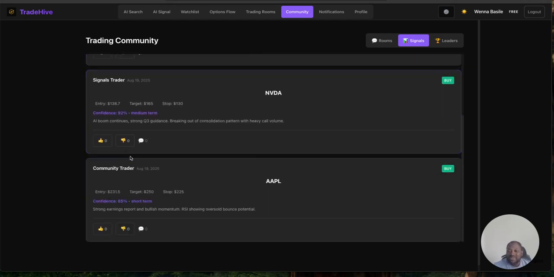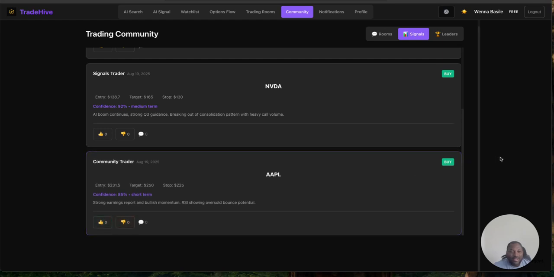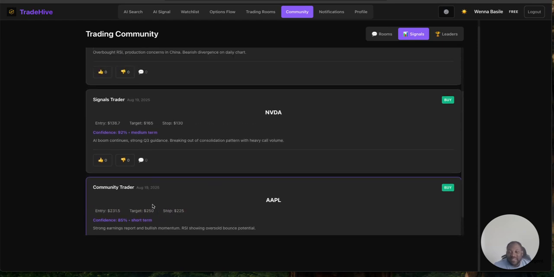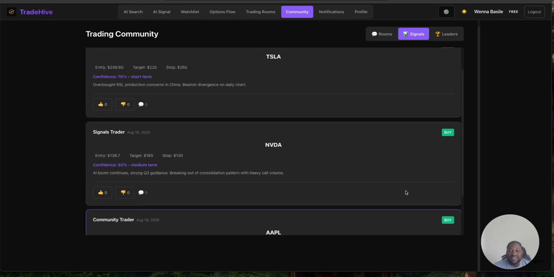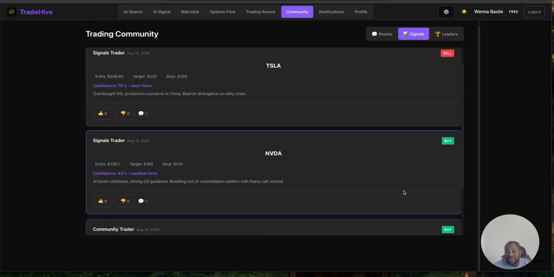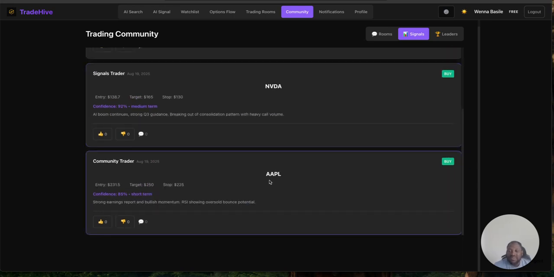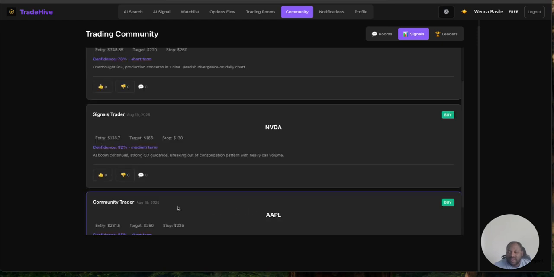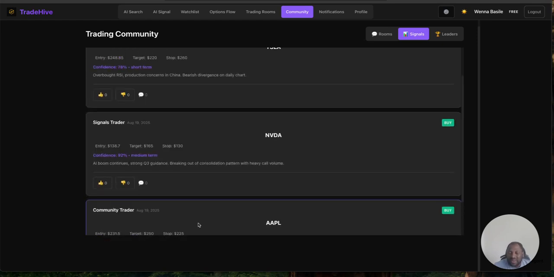NVIDIA, right? It gives you an entry point, a target point, and then a stop point. Let's see, NVIDIA never got to 235, but this was a signal, and it doesn't mean it has to happen right away. Was this NVIDIA? This was Apple, sorry. Apple did get to 231, I think.